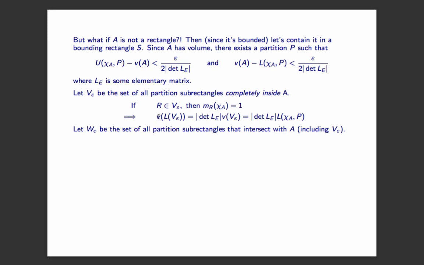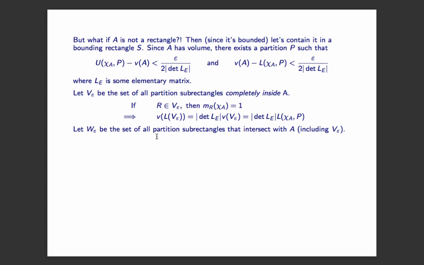Therefore, the volume of L applied to this rectangle. Because V epsilon is a collection of rectangles, I can take the volume of my linear mapping of these rectangles. Because it's a set of rectangles, I'm going to get just the determinant of my elementary matrix times the volume of all my subrectangles, using the result from the previous page.